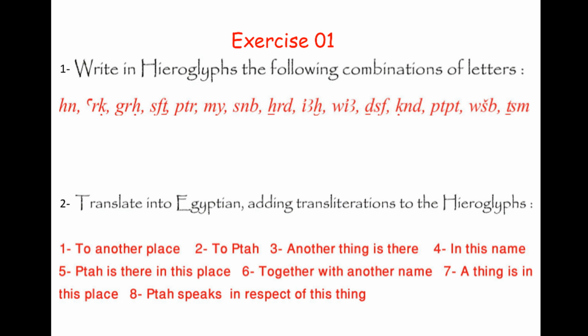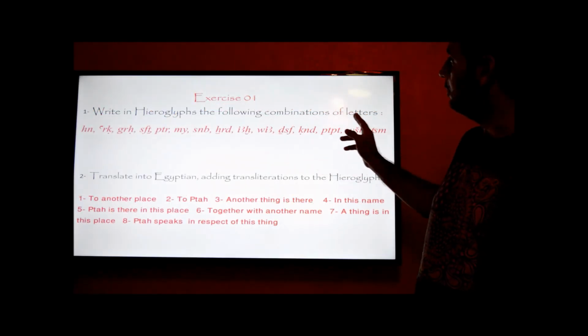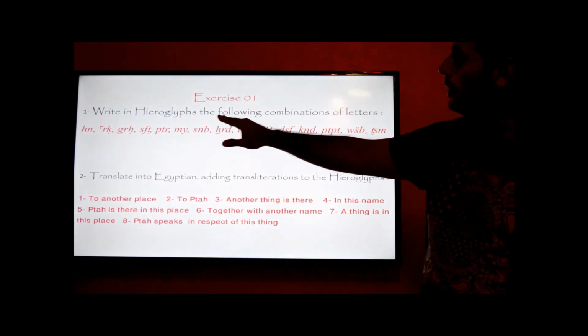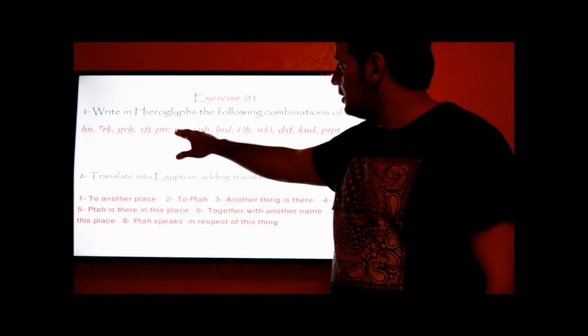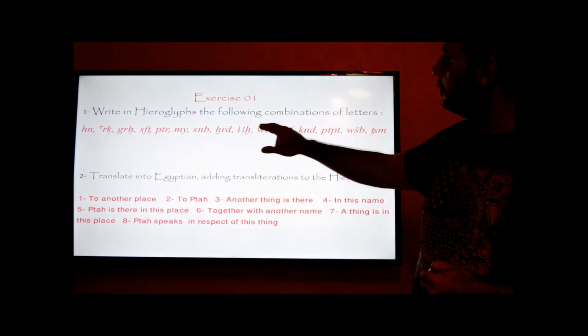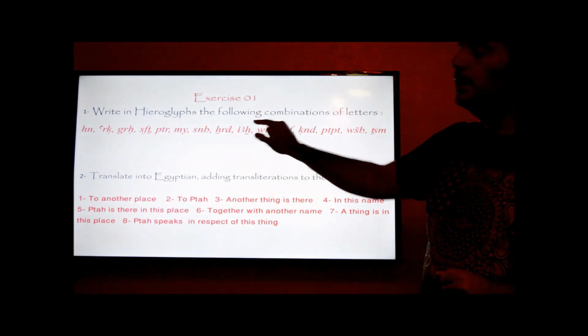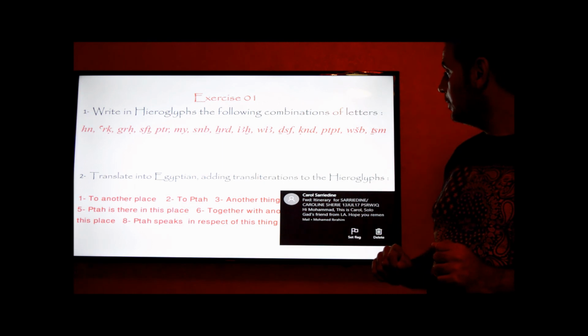The first question is: write in hieroglyphs the following combinations of letters. I want you to replace those letters, which, as you can see, are from group A, the alphabet, with the hieroglyphic symbol.